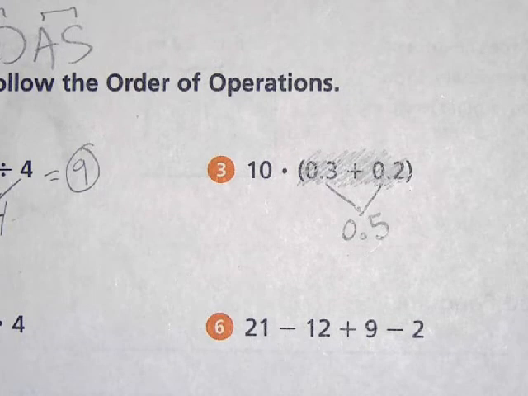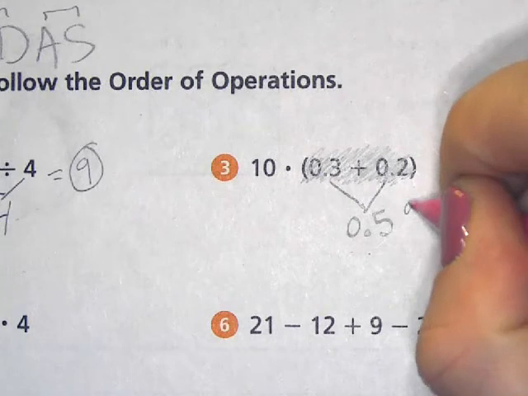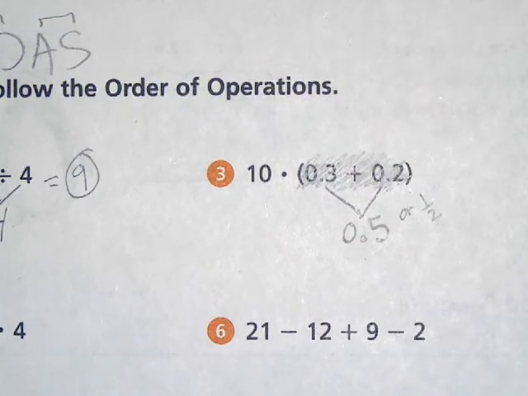You can stack this up if you want. 10 times 0.5. You can use your head if you want, because you should know what 0.5 means. What does 0.5 mean, everybody? It means half. 0.5 is a representation of half. So we go ahead and just write that, or half. 0.5 is 1/2. It's the same thing.